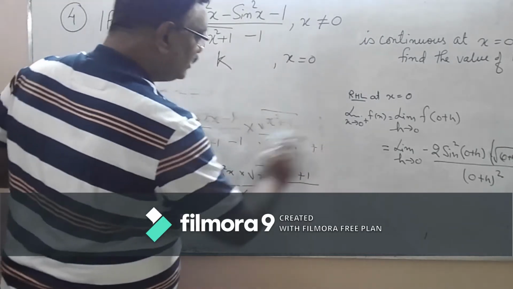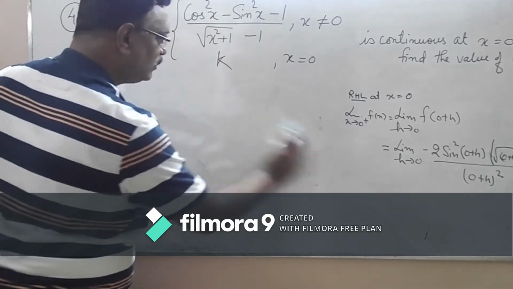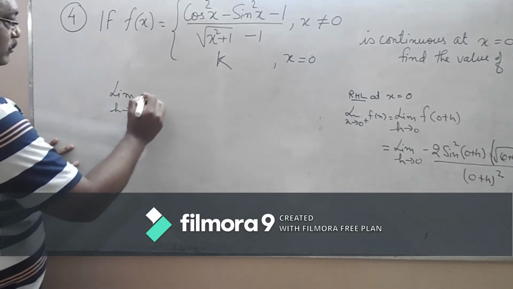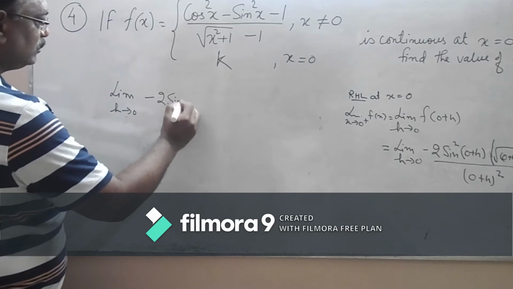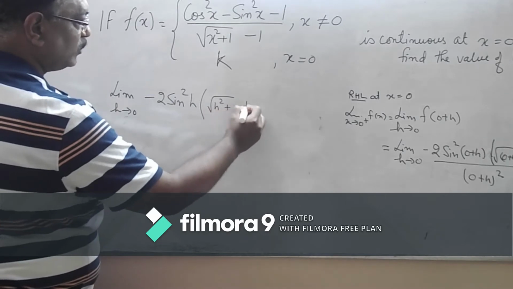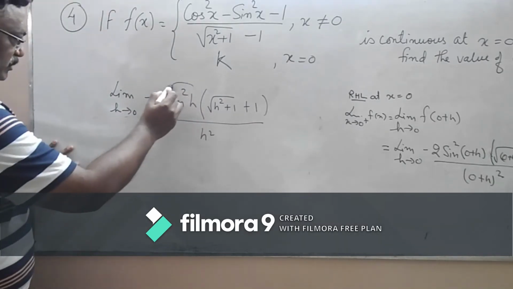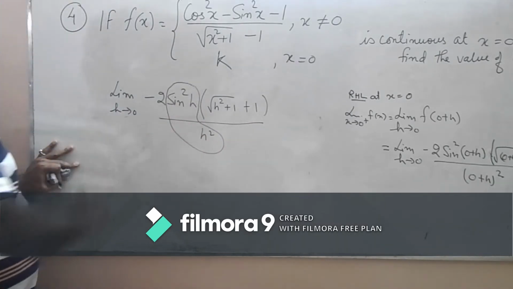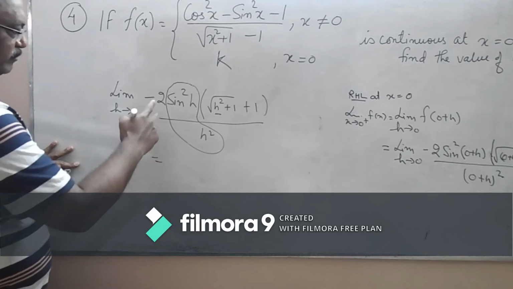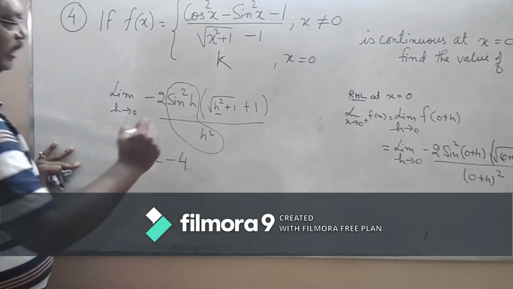Simplifying it further, this gives us limit h tending to 0 of −2 sin²h, inside the root it will be √(h² + 1), upon h². So sin²h upon h² will become 1. This h will become 0. So we will be left with −2 into (1 + 1), 2. So that is −4.